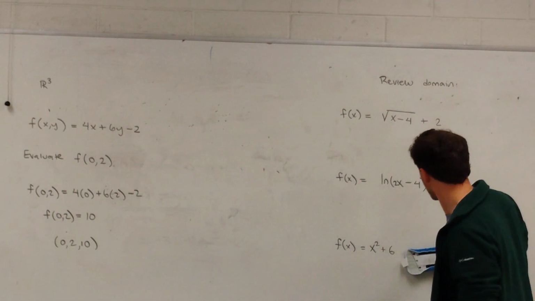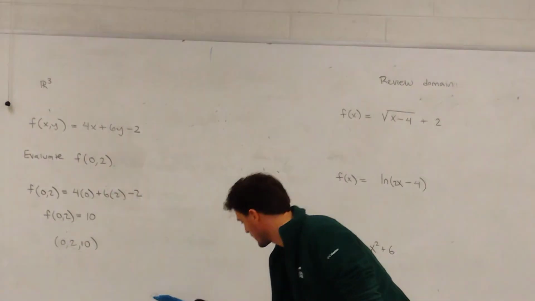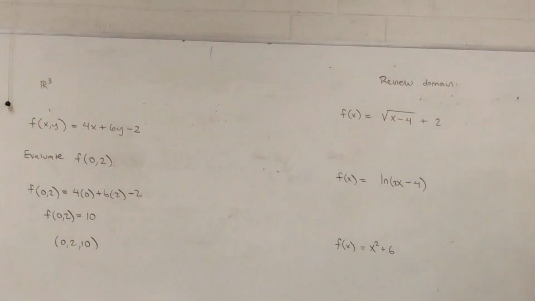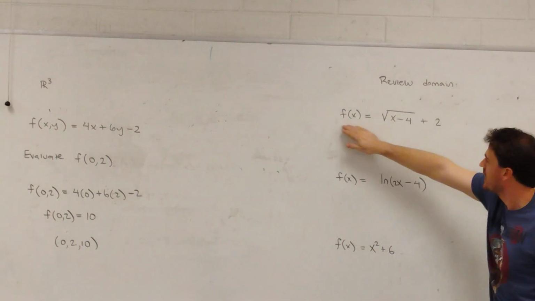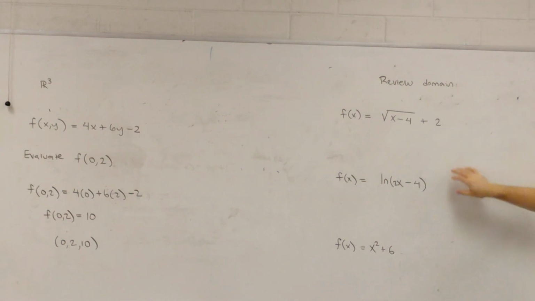So let's just pause for a second and review domain from a pre-calc class. So no 2 dimensions yet, just normal functions for pre-calc. If I give you a function that inputs one variable, only x, we've got a couple different restrictions that we can have.